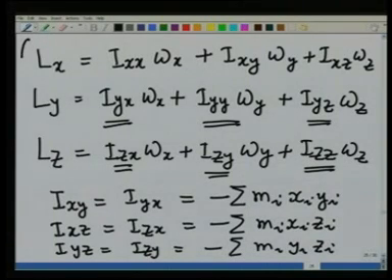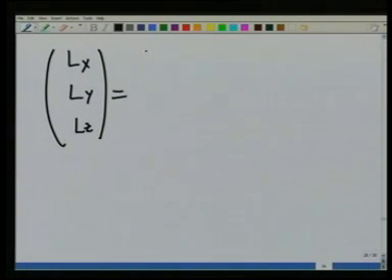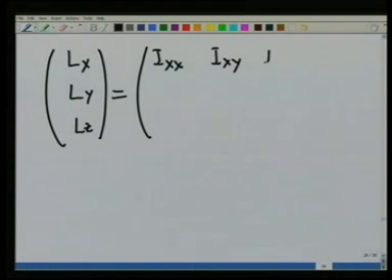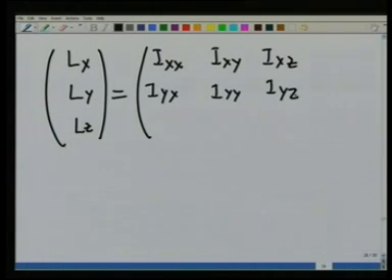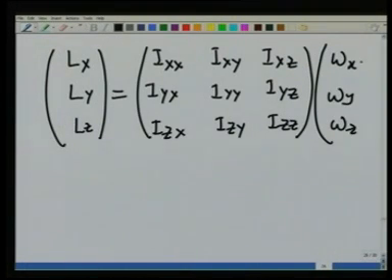In general, this relationship can be written as a matrix multiplication: the vector L x, L y, L z, three components, are equal to the matrix I x x, I x y, I x z, I y x, I y y, I y z, and I z x, I z y, I z z, times the vector omega x, omega y, omega z.